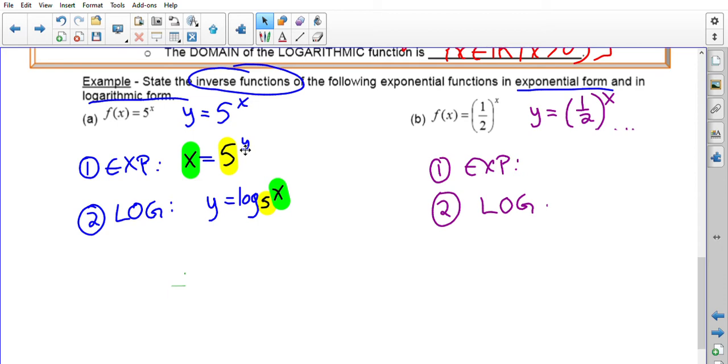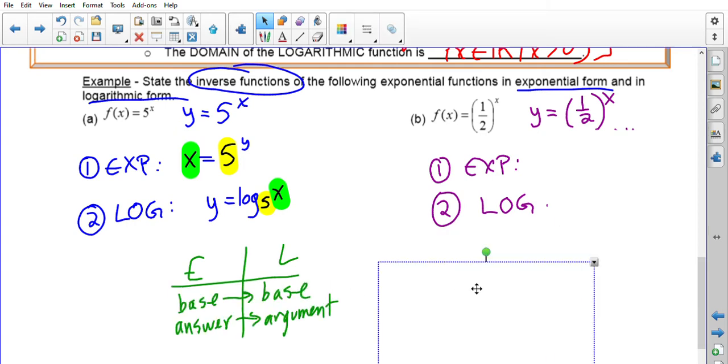Notice that the base of the exponential version becomes the base of log. Here are some little rules I use that you can use as well. Exponential to log: the base of the exponent, right here in yellow, should be the base of log.